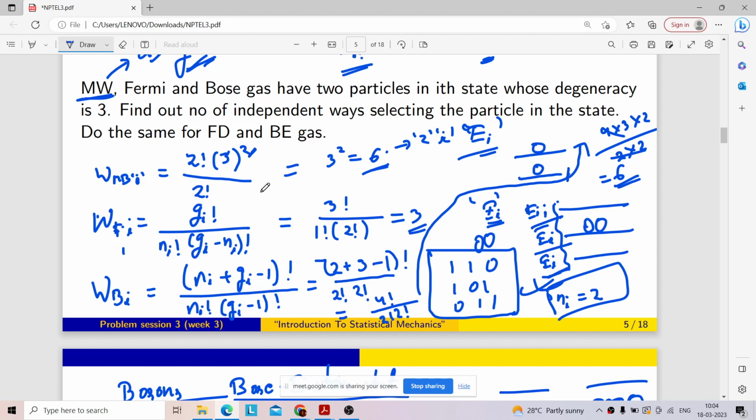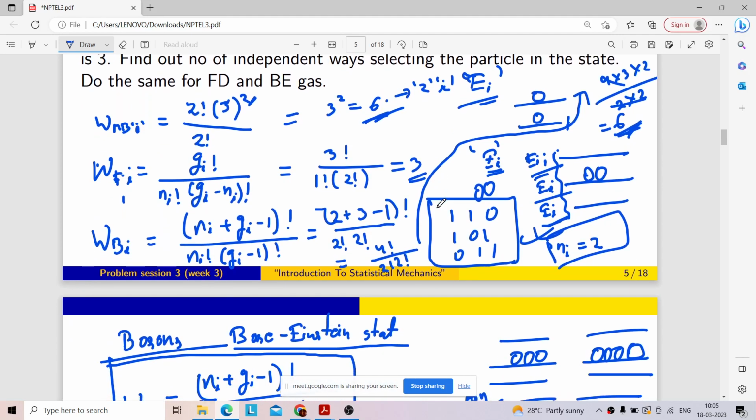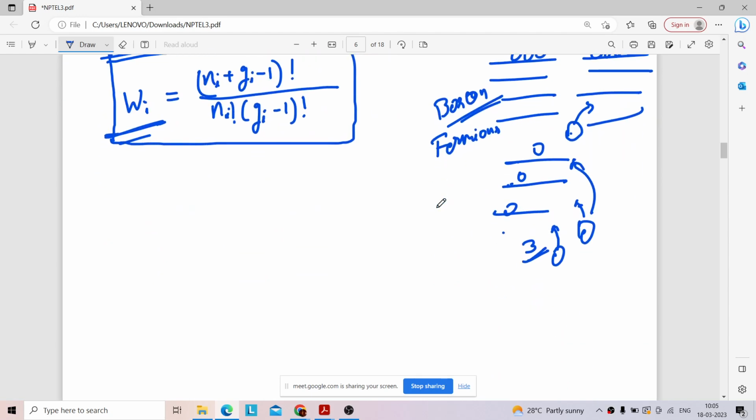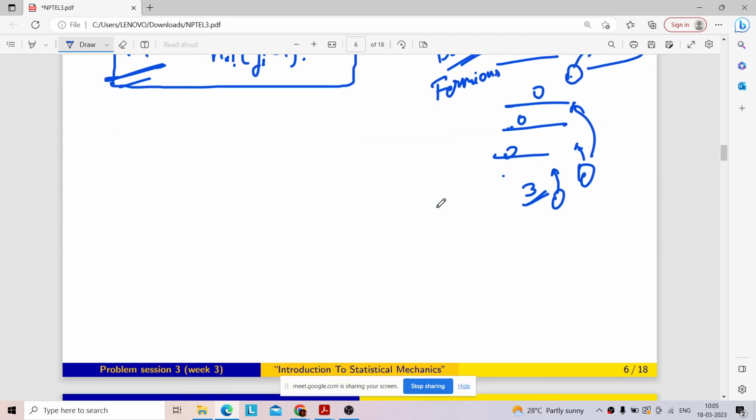So you see, for classical gas and Bose gas, the number of microstates is the same. It won't always be the same; it will depend on the question. Okay, so let's do one more problem like this, and then we'll go to the next.